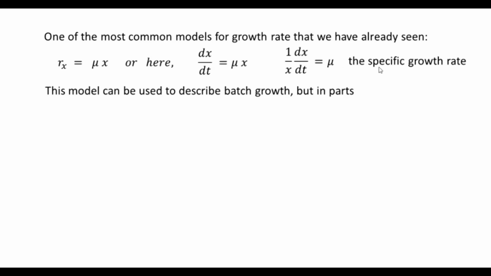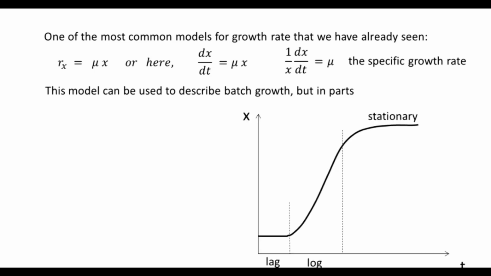This model can be used to describe batch growth, but in parts. These are the various parts of the batch growth that we have seen: the variation of cell concentration with time, the lag, log, and the stationary phase. In the lag phase, mu is 0. Dx dt is 0.